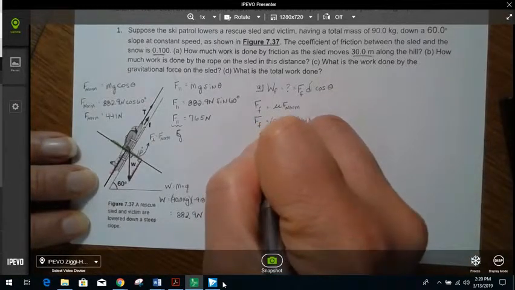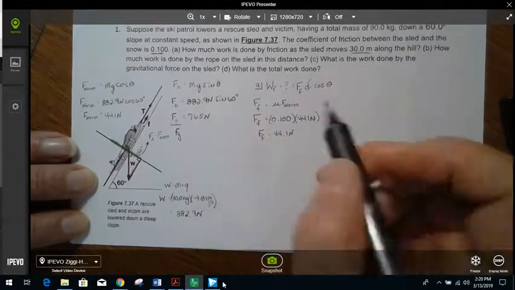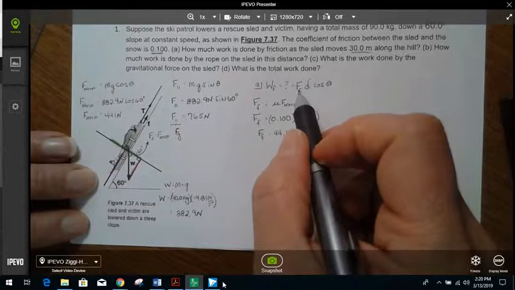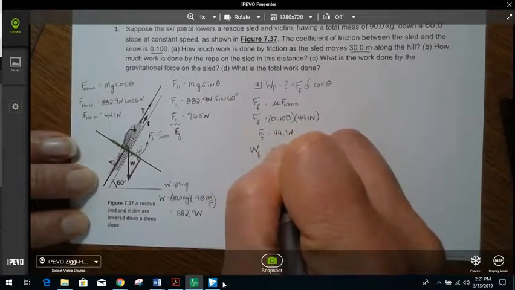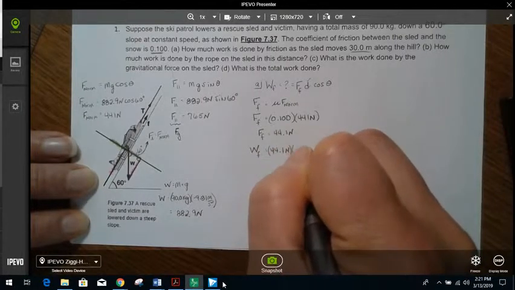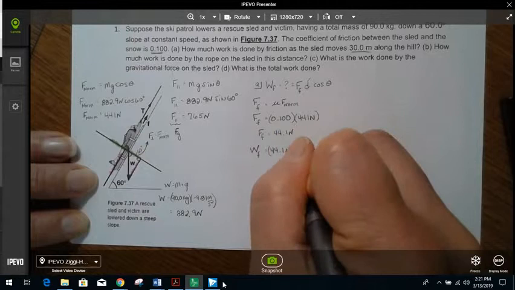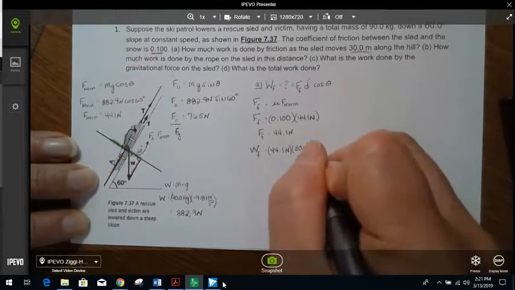So our force of friction is 44.1 newtons. So then that comes back up here. So our work done by friction equals 44.1 newtons multiplied by 30 meters, because it's going 30 meters down the hill.